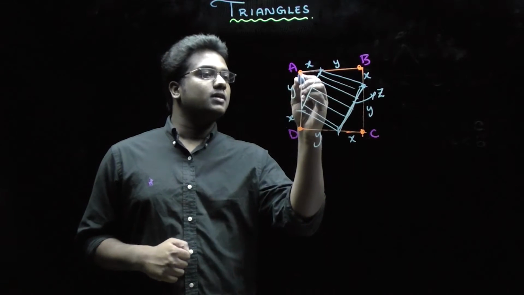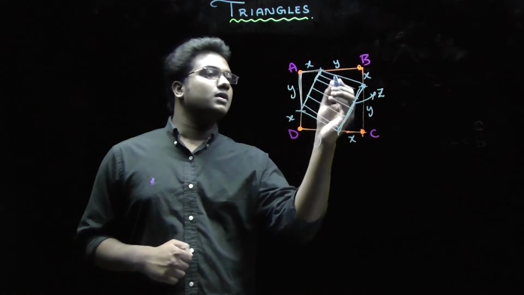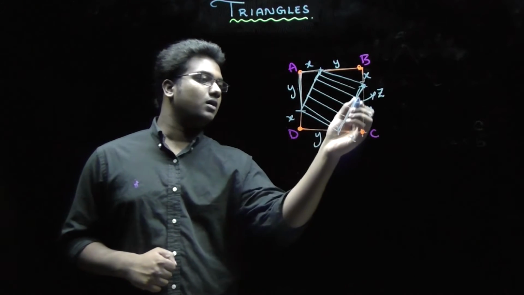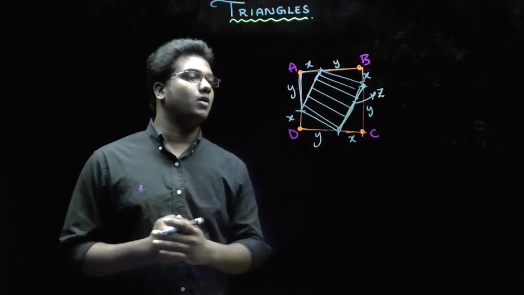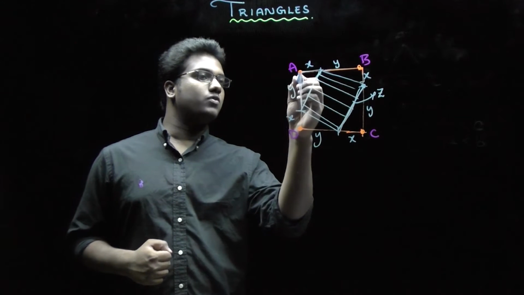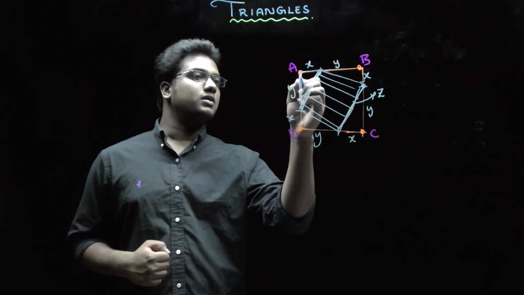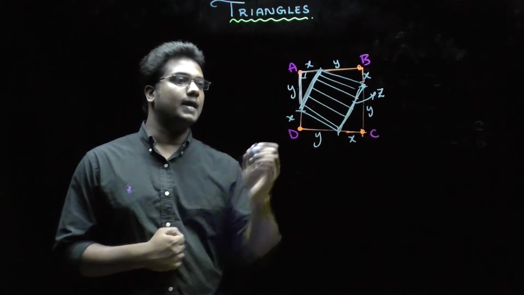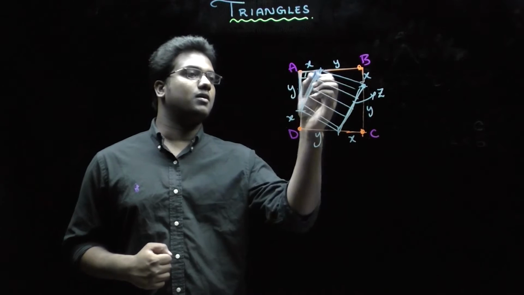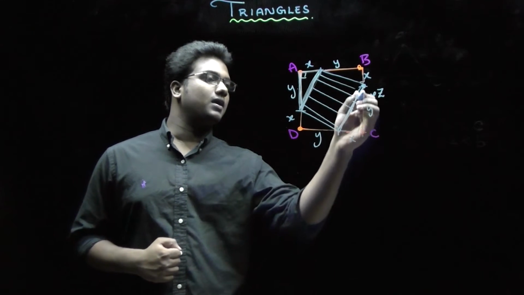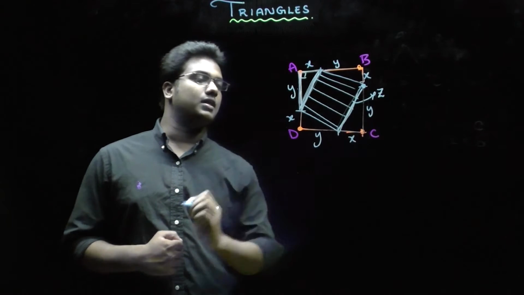So consider this as one block, this as another block, this as another block and this one as another block. Fine. Now if you observe, this is a hypotenuse and this is a right angle for this right angled triangle, and this one is also the same, right? This is the length X, this is the length Y.